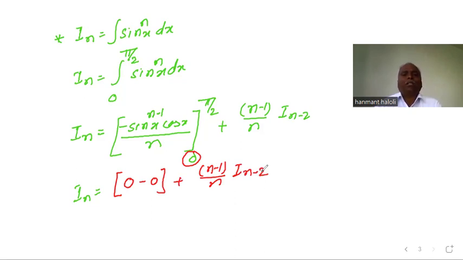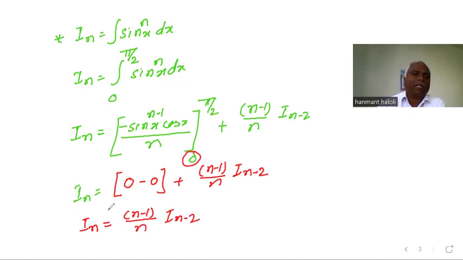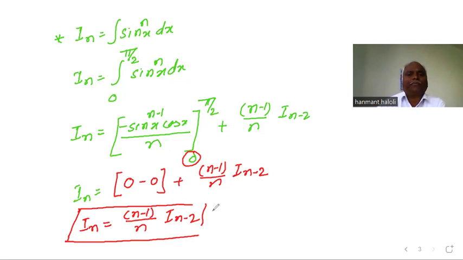Now the first term is gone totally, 0, for finding the reduction formula for the limits 0 to pi by 2. Now you got (n minus 1) upon n into I(n minus 2). This is the reduction formula for the integral of sine raised to n x dx.